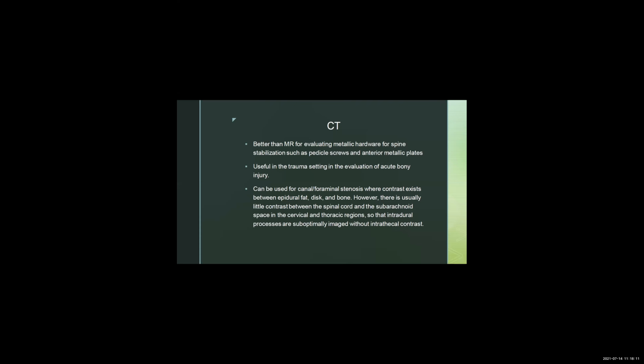So it's really good for looking for fractures, looking at the hardware in case they had surgery. However, it's not the best one. MRI is considered the best one, just because you can't really see what's going on in the spinal cord as much on CT. But I'll show you examples.